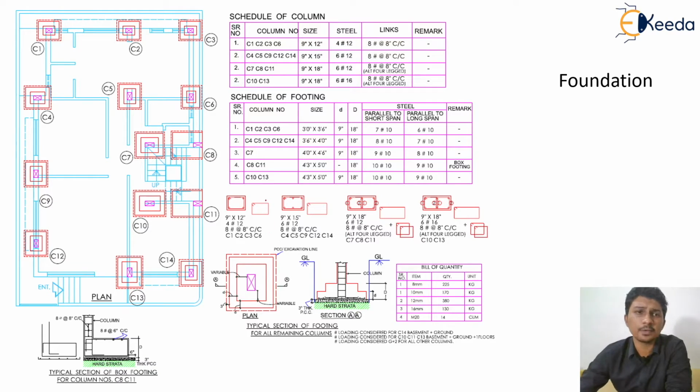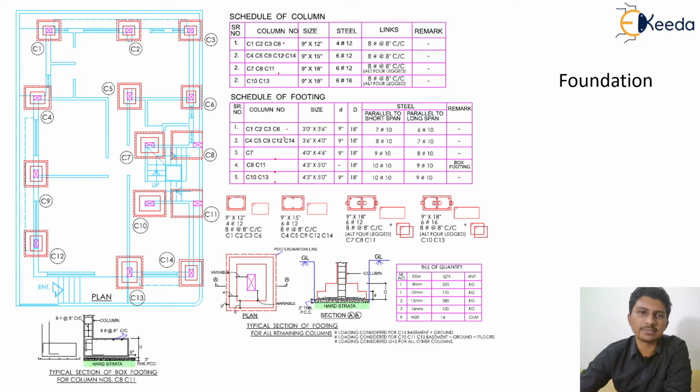The next one is the foundation details of the whole house. What are the various foundation types we have here? From the foundation plans, we have five types of foundations based on the type of columns.